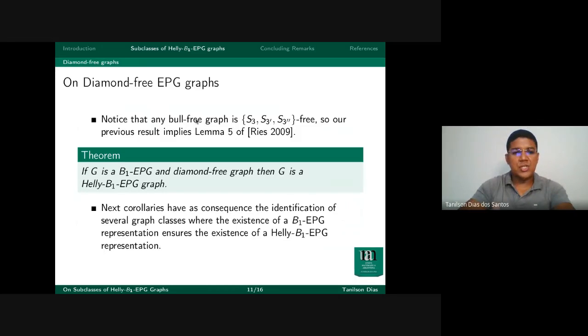This finishes the previous theorem. And the next theorem says the following. If G is a B1-EPG and diamond-free graph, then G is a Helly-B1-EPG graph.